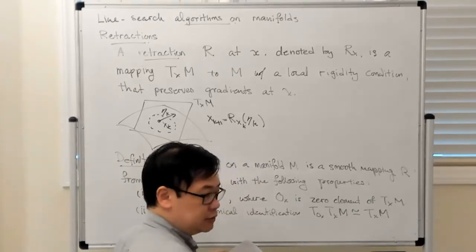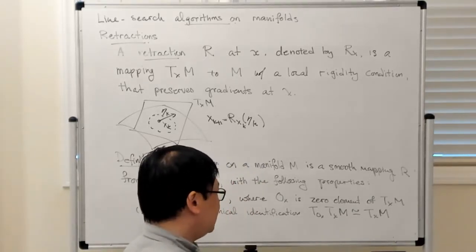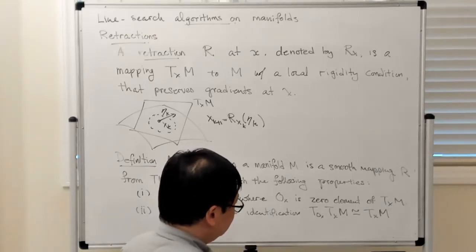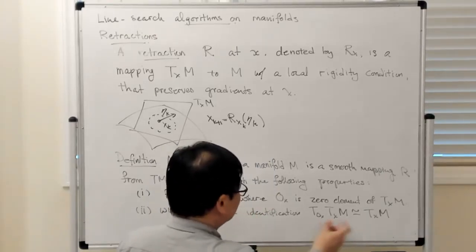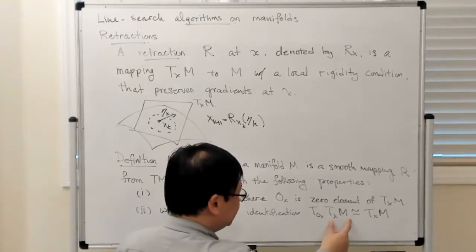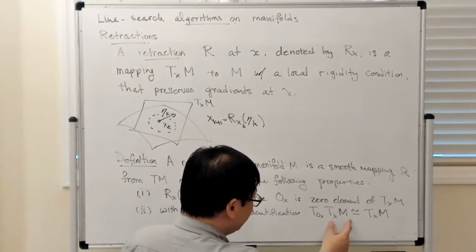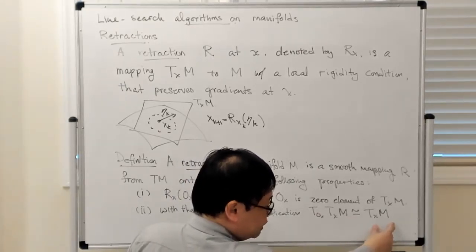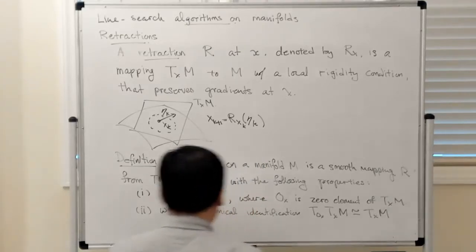M is not a vector space, M is a manifold, but the tangent space at any point of M is a vector space. So you can look at the tangent space to that vector space, which can be identified with the tangent space at x of M.